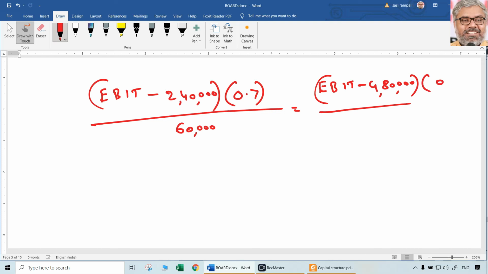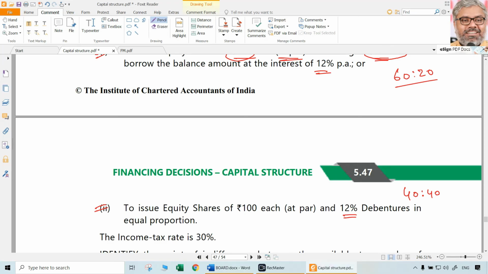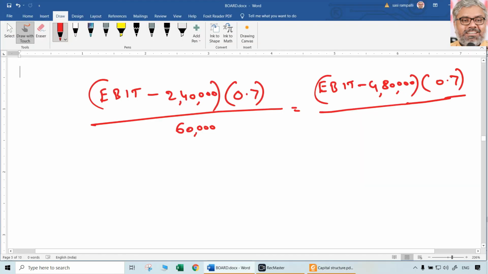Multiplied with 0.7, that is the same, divided by the number of equity shares in option 2. Here also 100 rupee shares are going to be issued at par. In total we need 40 lakhs finance, which means we have to issue 40,000 equity shares. So these zeros will cancel.